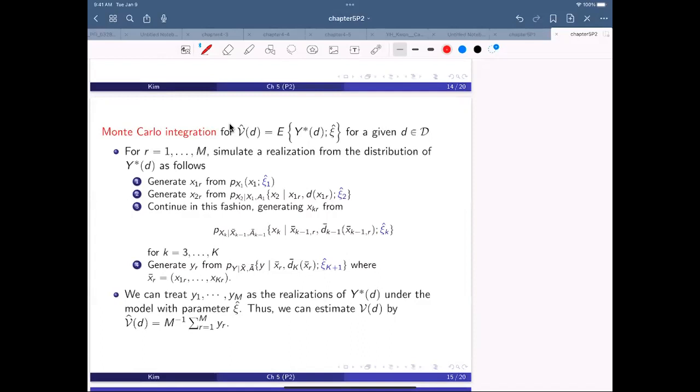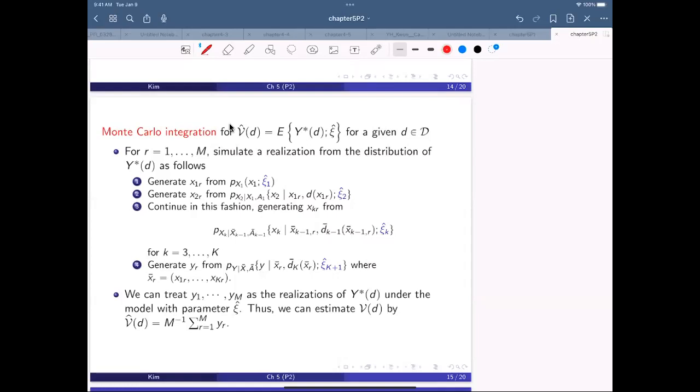So given the d, you can actually generate x. Then this d takes a particular value, and because it takes a particular value, you can actually compute this already, as a function of x bar.